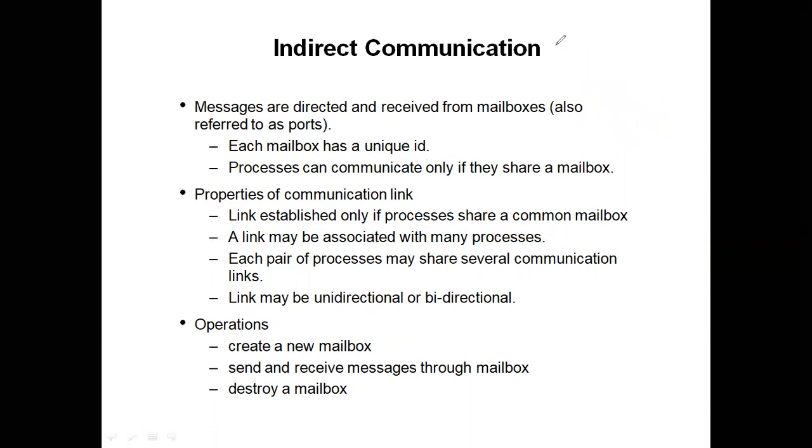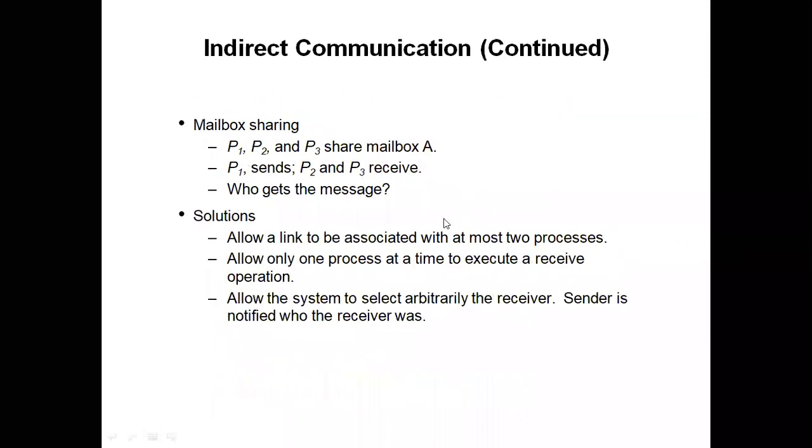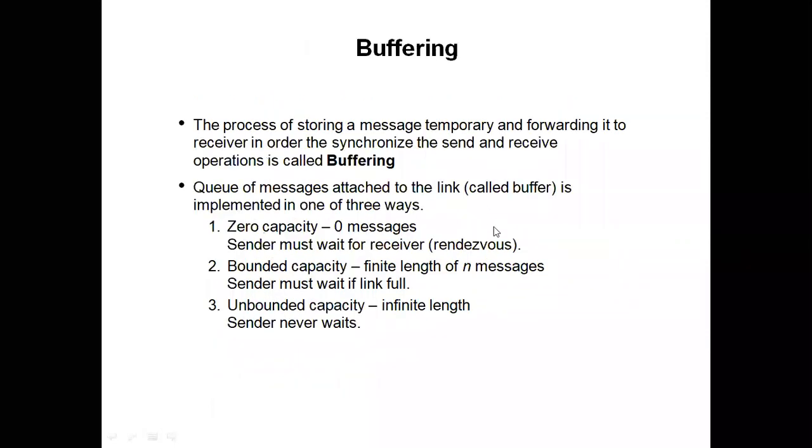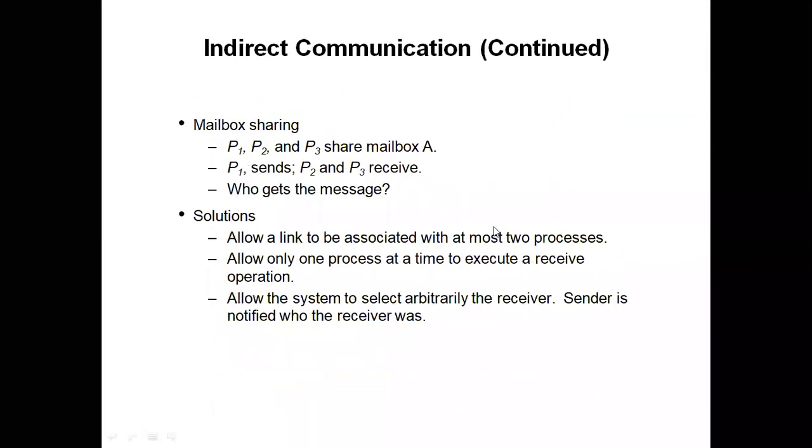So every time communication is needed between two processes, they need to agree upon a shared mailbox, and then these processes communicate by sending and receiving messages to and from this shared mailbox. After the communication is complete, the mailbox is destroyed.